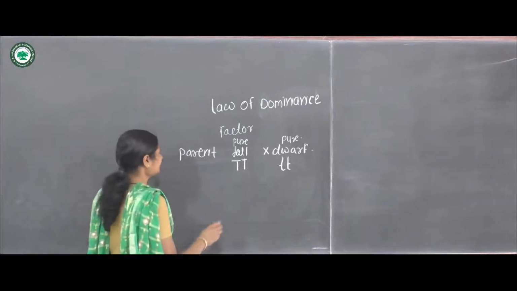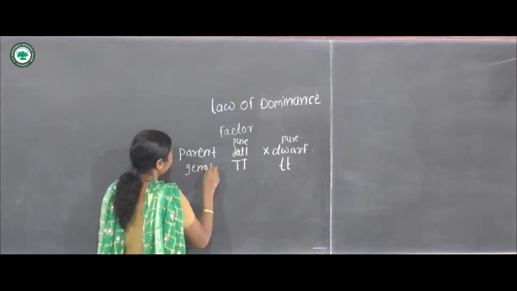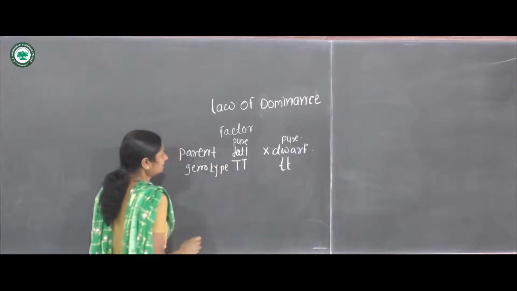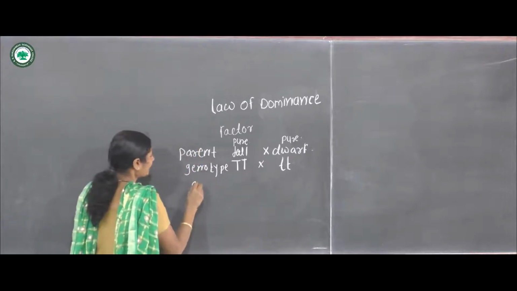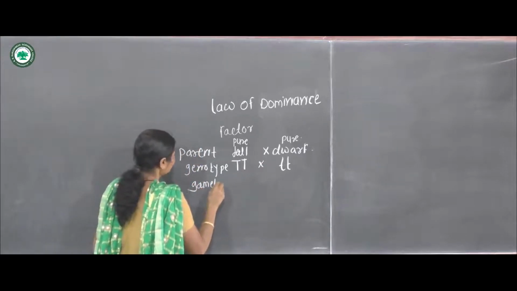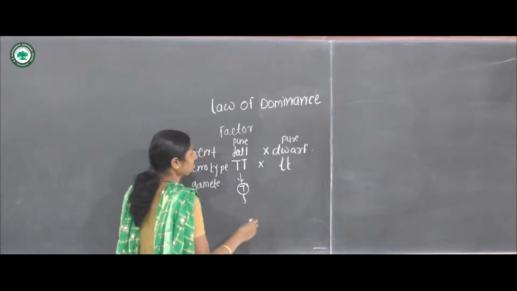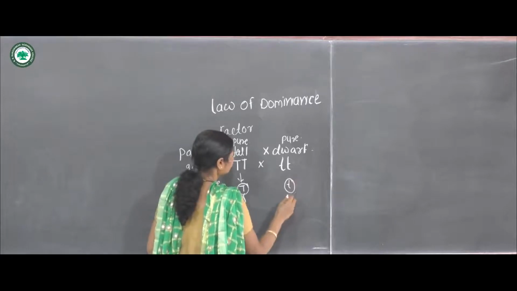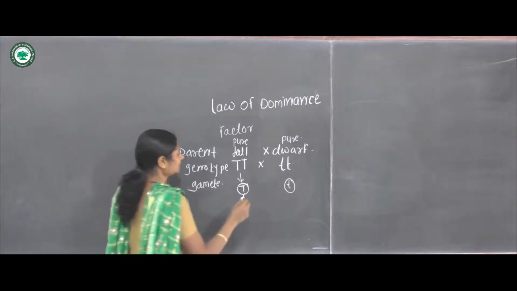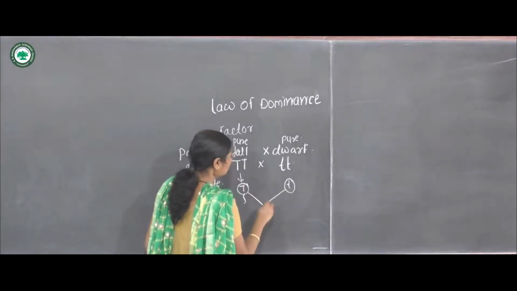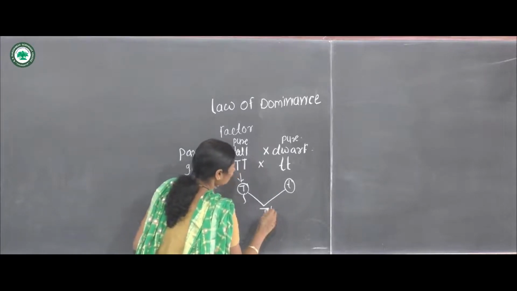During gamete formation, the parents' genotypes capital T and small t are crossed, and reductional division occurs. In the F1 generation, when the two gametes fuse they form capital T, small t.